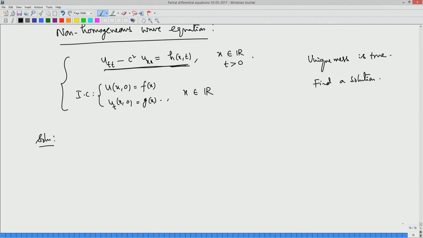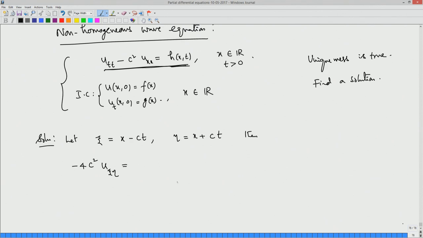If you bring in the new variables, xi equal to x minus ct and eta equal to x plus ct, then this wave equation becomes simply minus 4c square u xi eta equal to h of x t.